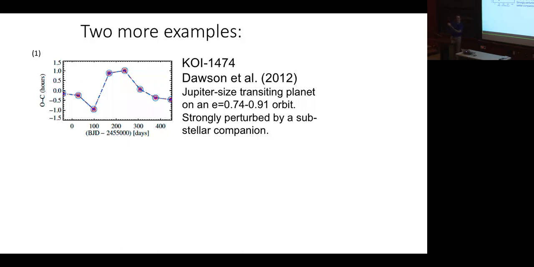That means it's on a very eccentric orbit and it's flying past the star really quickly. And so she derived a very high eccentricity orbit for this one and found that these transit timing variations on the scale of hours meant that there's another body flying by it. It's coming by at periastron right at this time.